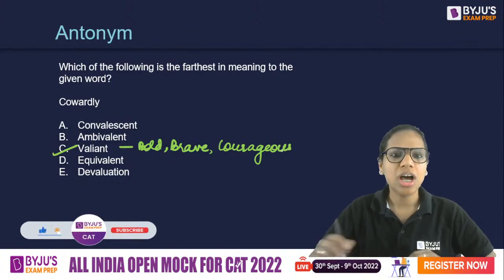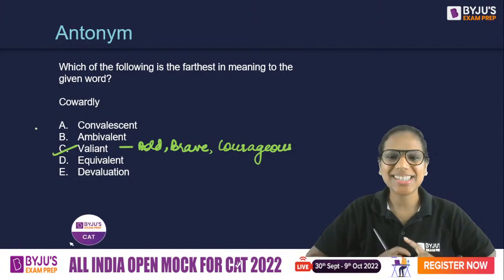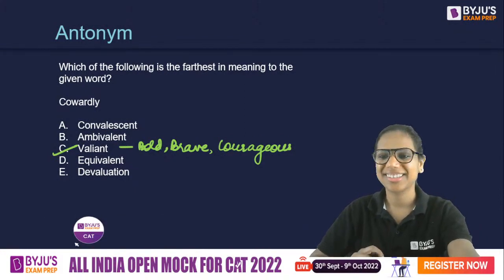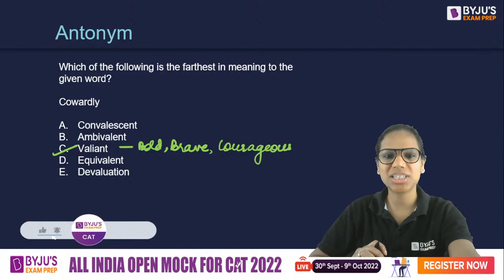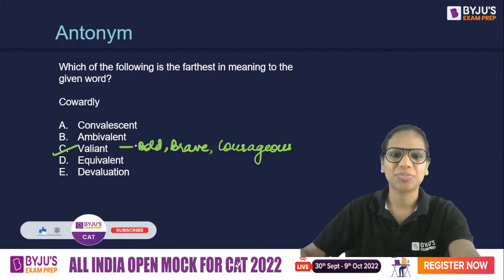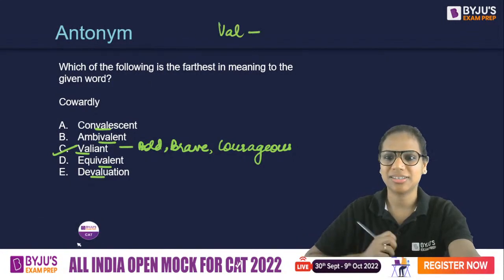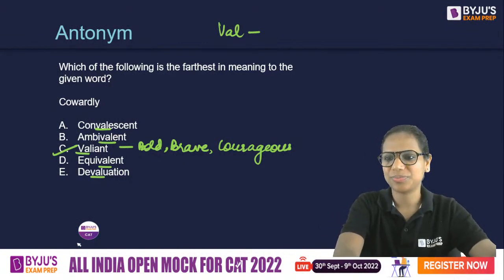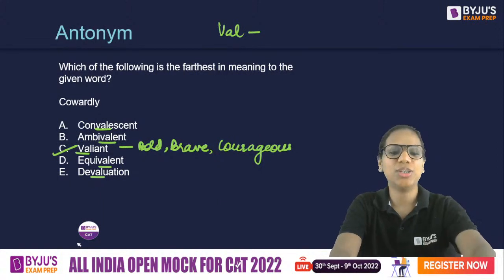Okay. So, if you again notice, what is the common root that is running through all these words? Yes. Any guesses? What does the root val mean? Val. Something related to value.